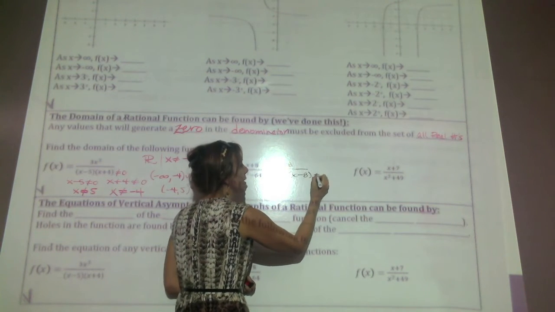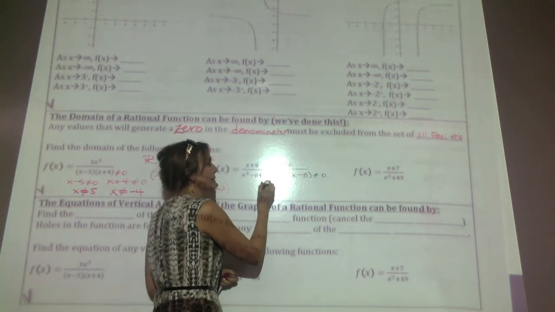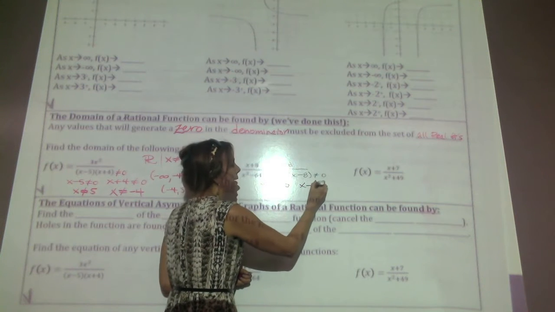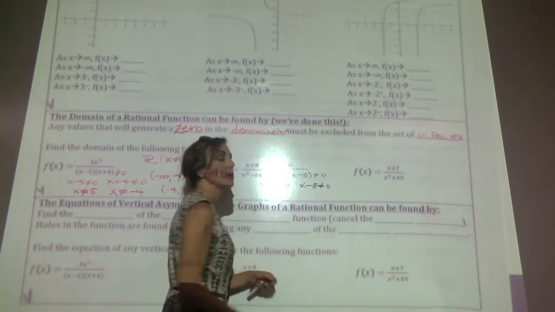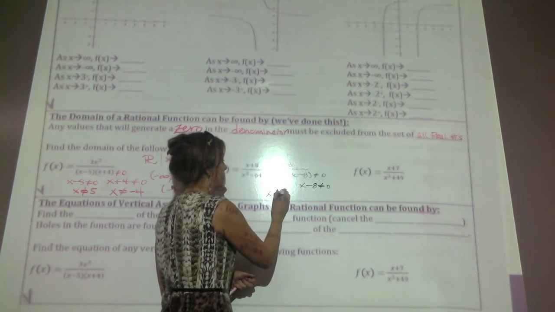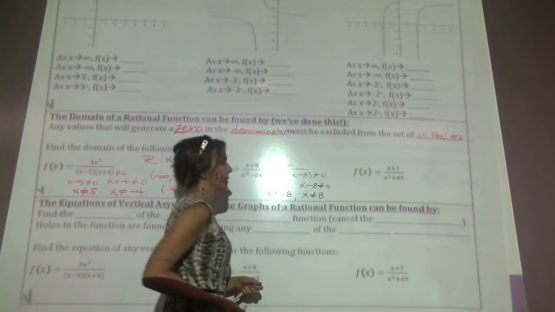So we set this denominator not equal to 0, and we say, okay, x plus 8 can't equal 0, and x minus 8 cannot equal 0. Well, what does that mean that x cannot equal? x cannot equal negative 8, nor can it equal positive 8.